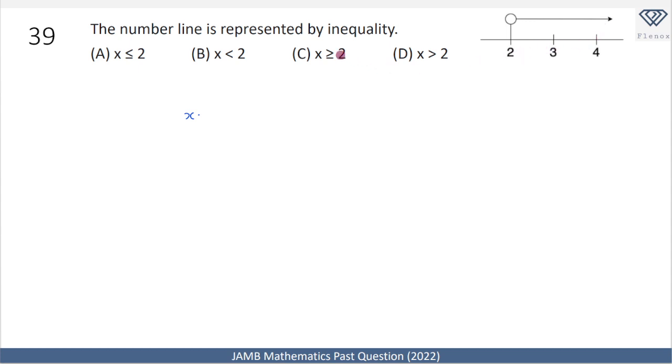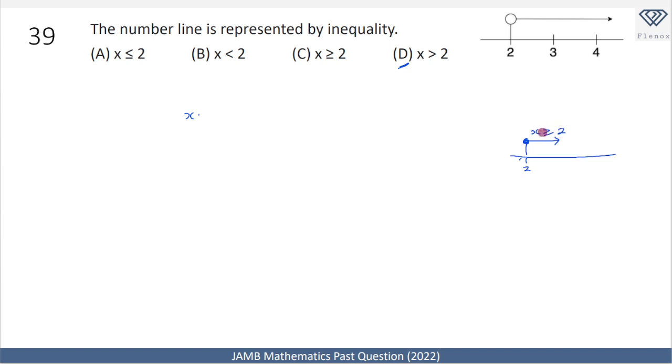But the question is, is it greater than or equal to 2, or is it just greater than 2? Now from the number line, when this circle over here is not shaded, it represents just the greater than sign, not the equality sign. So in this case, the correct option is option D. Just for the sake of learning, if this circle were shaded, then it would represent x greater than or equal to 2.